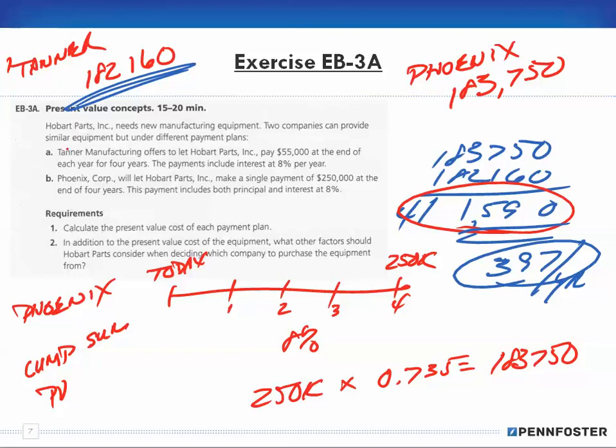Okay, you have to look at other factors, and there's a variety of things that you can come up with here. Your solution manual says, what warranties are offered by the 2 different companies? What's the reputation? Customer service, right? Customer service is a big factor.